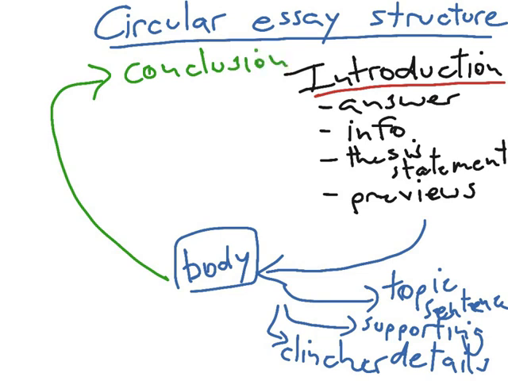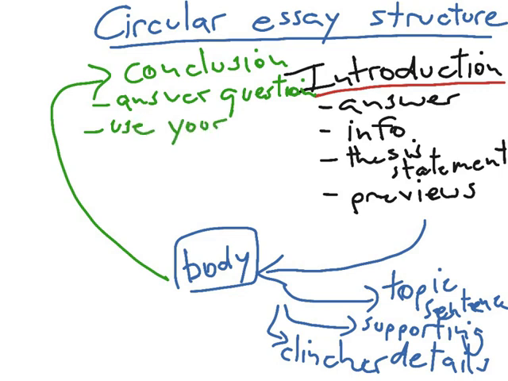That's because in the conclusion you answer the question. It's really quite simple. And a good way of doing that is to use your own thesis statement. And I'll just put a circle around that. Use your own thesis statement.